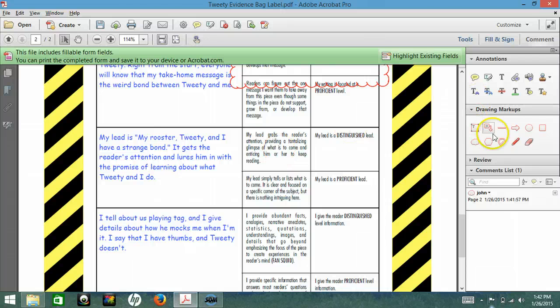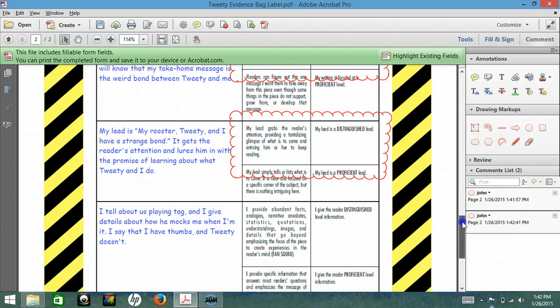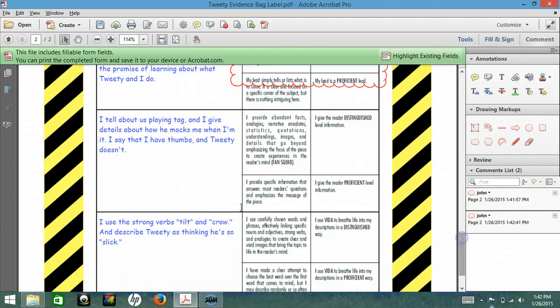So once again, she's going to cloud around the one that matches hers. And then for information, she wrote, I tell us about playing tag, and I give details about how he mocks me when I'm it.